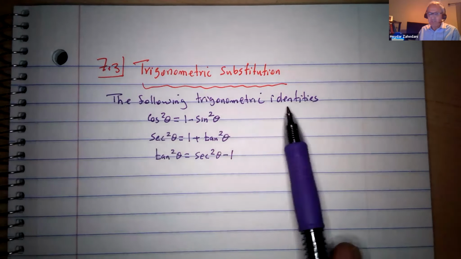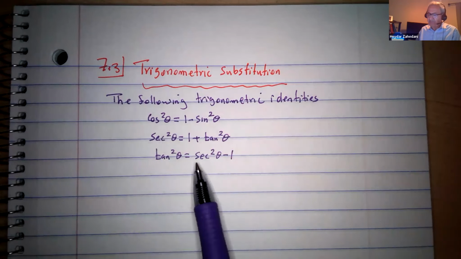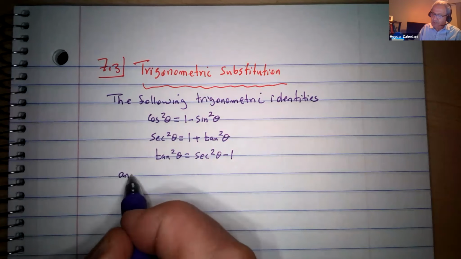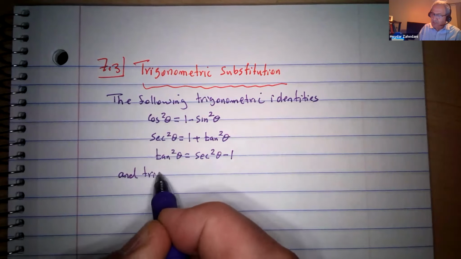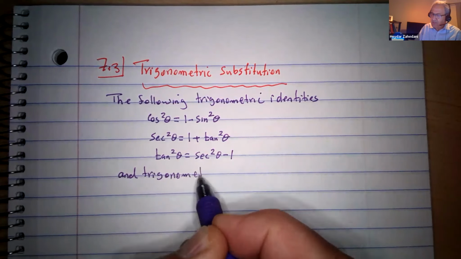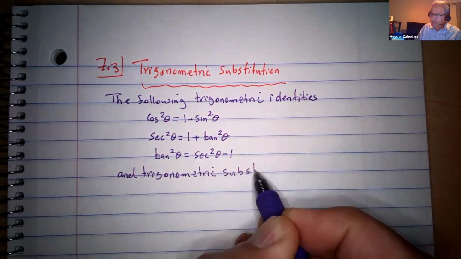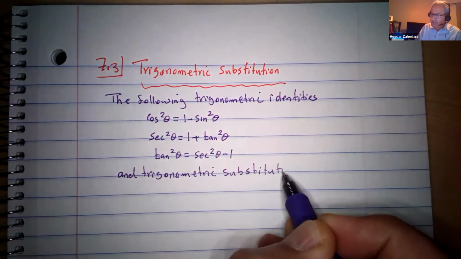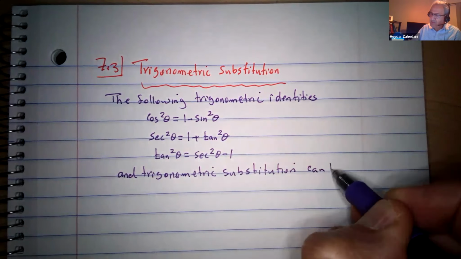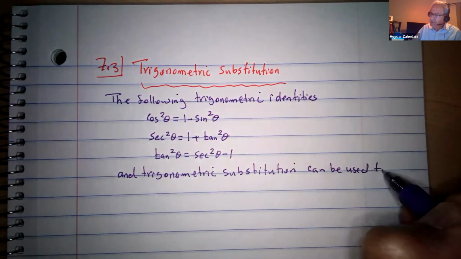So the following trigonometric identities and trigonometric substitutions can be used to take care of the following.